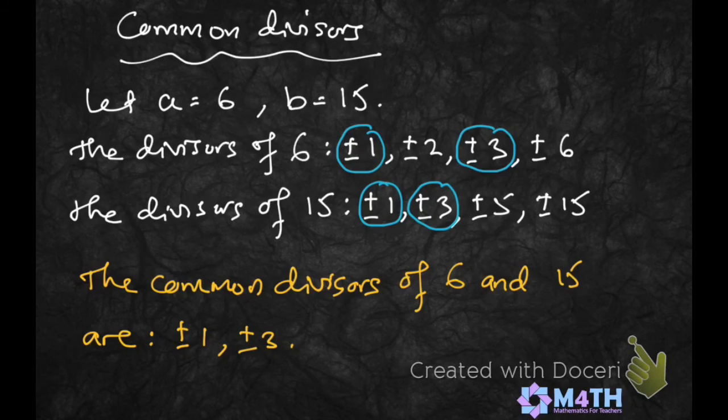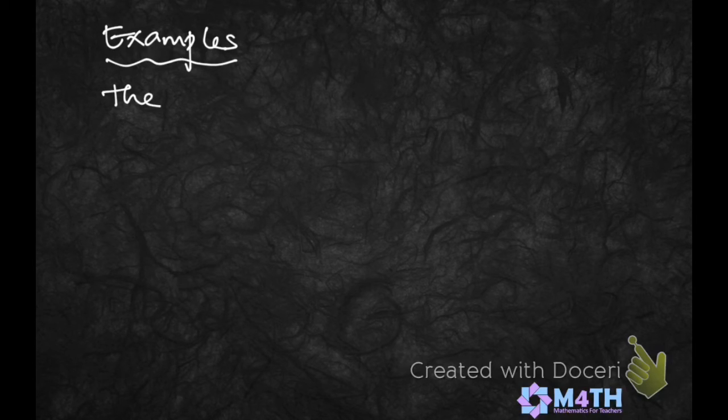Now suppose that you're only focusing on the positive divisors. Let's look at another example of common divisors, where we just find all the positive divisors.